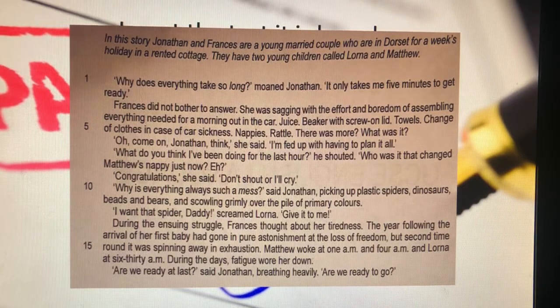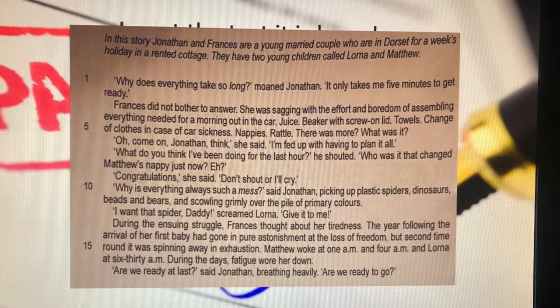"Who was it that changed Matthew's nappy just now, eh?" "Congratulations," she said. "Don't shout or I'll cry." "Why is everything always such a mess?" said Jonathan, picking up plastic spiders, dinosaurs, beads and bears, scowling grimly over the pile of primary colours. "I want that spider, Daddy," screamed Lorna. "Give it to me." During the ensuing struggle, Frances thought about her tiredness.